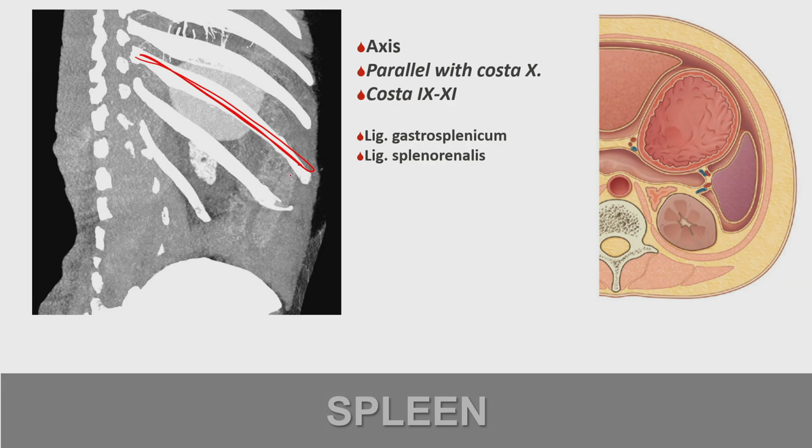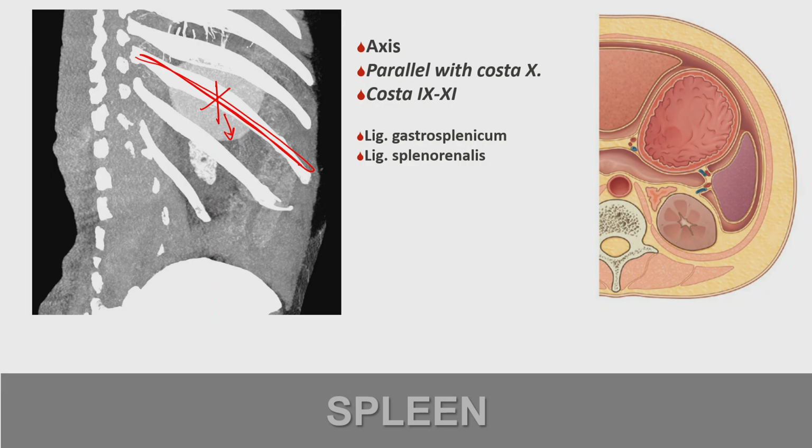And the 10th rib has a very important relation, because when we have injury of a chest and observe the fracture of caudal ribs on the left side, the fracture of a rib could cause, like a very sharp knife, injury of splenic tissue. And a spleen is richly vascularized, and then the blood could escape directly to the peritoneal cavity, because almost all surface of a spleen is covered by peritoneum.